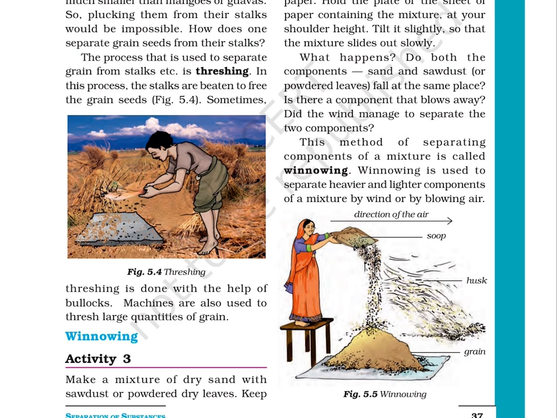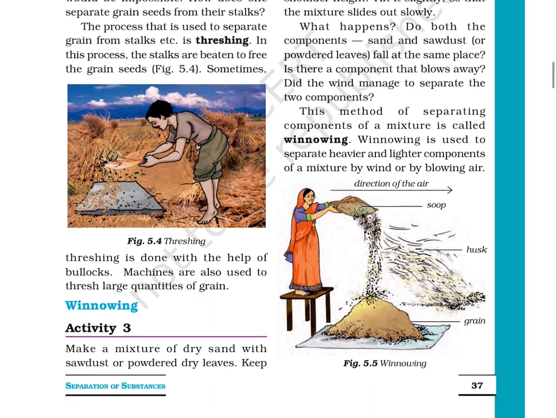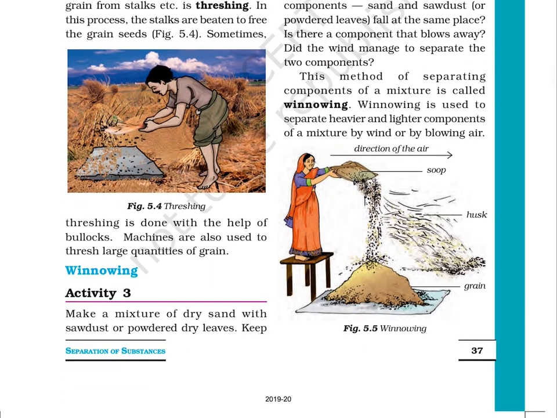This method of separating components of a mixture is called winnowing. Winnowing is used to separate heavier and lighter components of a mixture by wind or by blowing air. Figure 5.5 shows the process of winnowing.